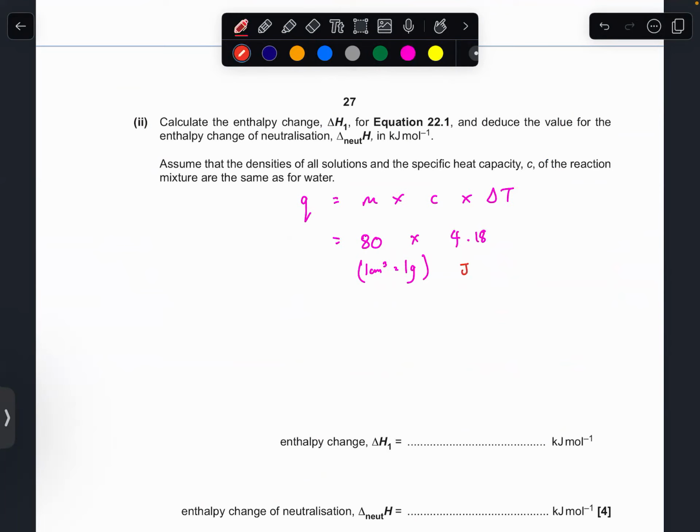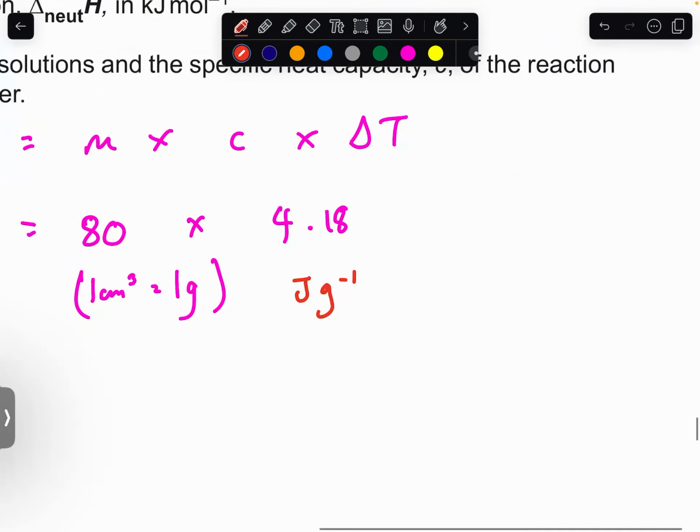It's joules of energy required to heat 1 gram of water by 1 degree Celsius. And then you also multiply this by the temperature difference, which was given as 13.